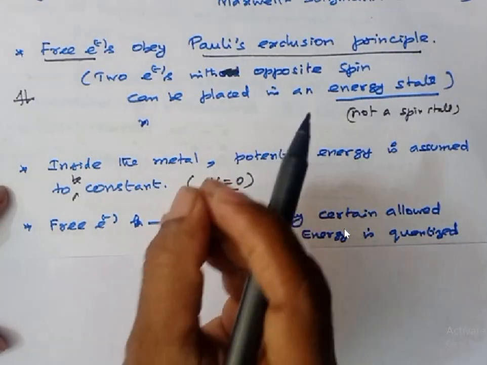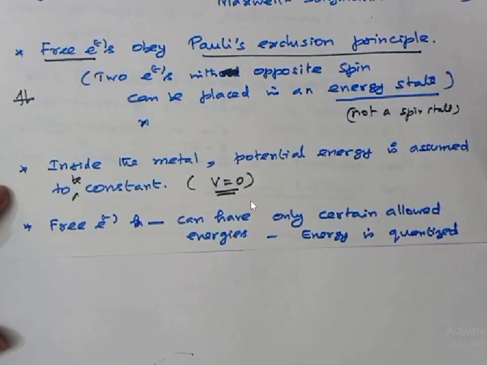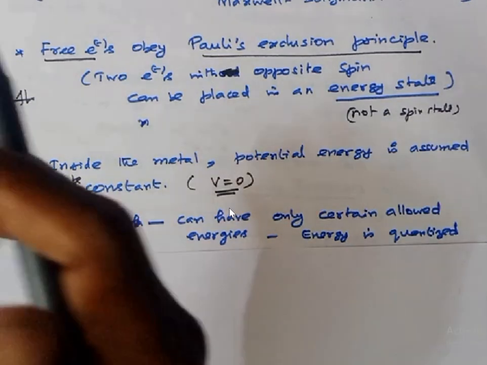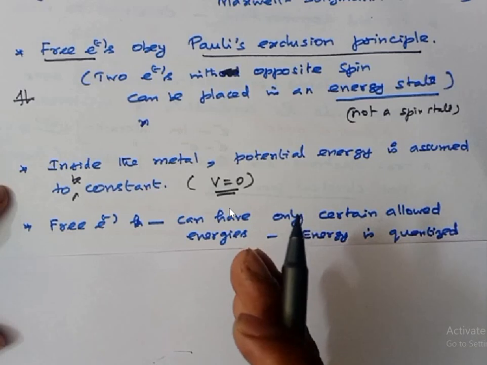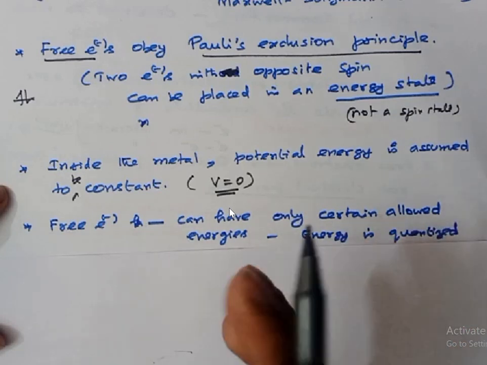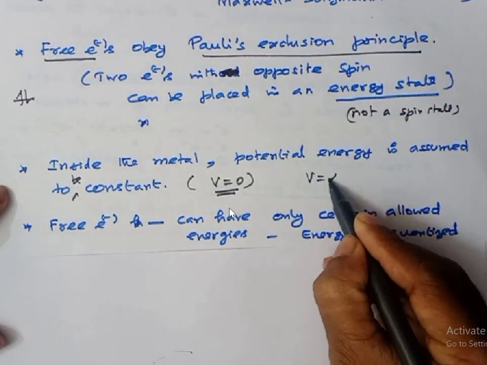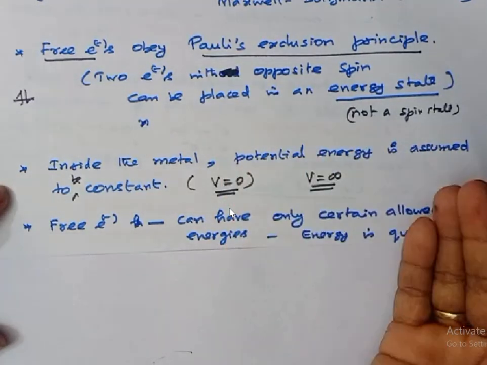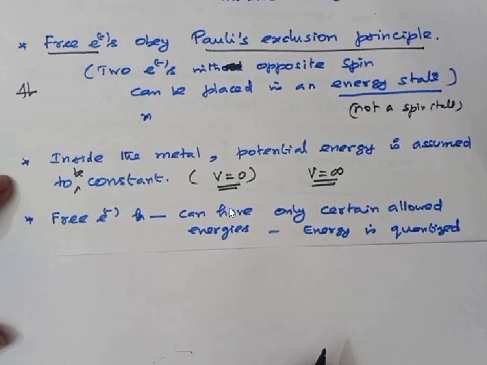So free electrons are moving inside the metal with 0 potential energy. But these free electrons cannot jump out of the metal. Why? Because on the wall and outside the wall, the potential energy is assumed to be infinite. Therefore, the free electrons cannot jump out. Clear?